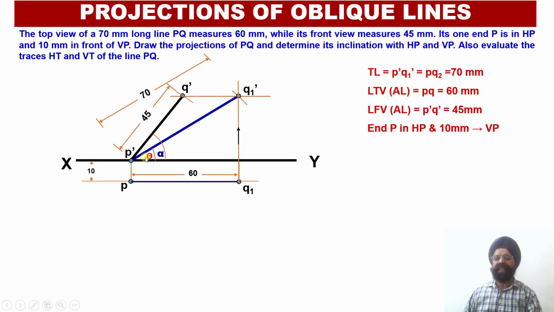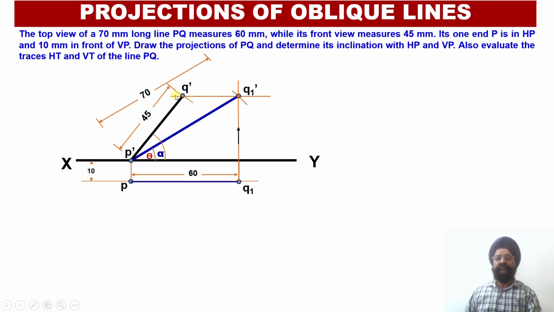Now having evaluated the elevation apparent length, that is P dash Q dash, now we can see that this elevation projection line happens to be inclined to the XY reference line because the line is an oblique line.